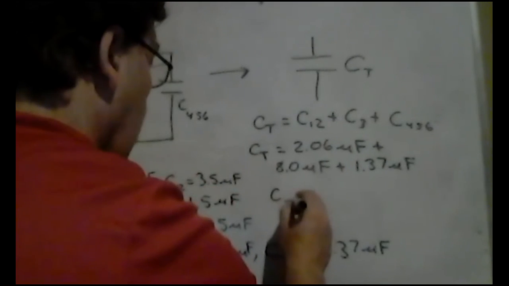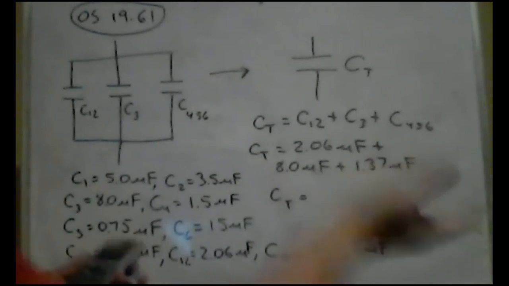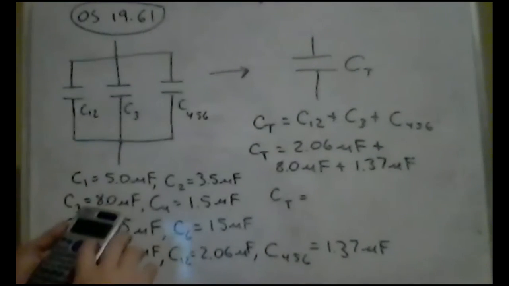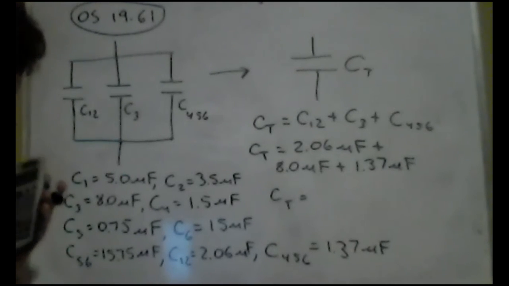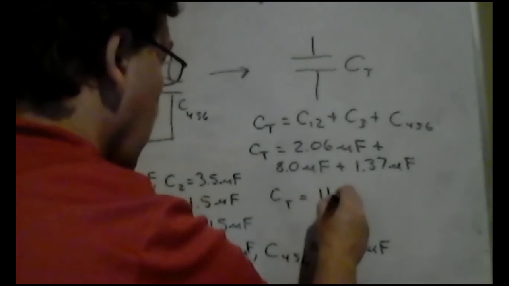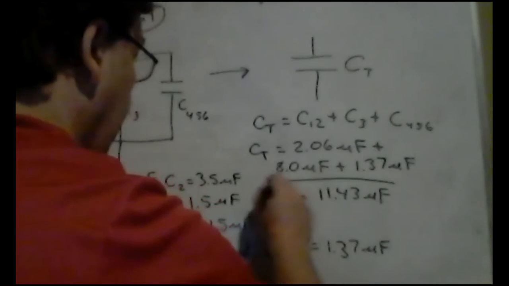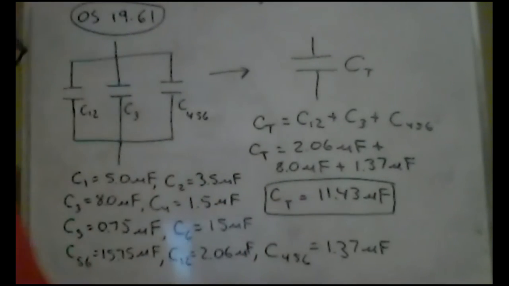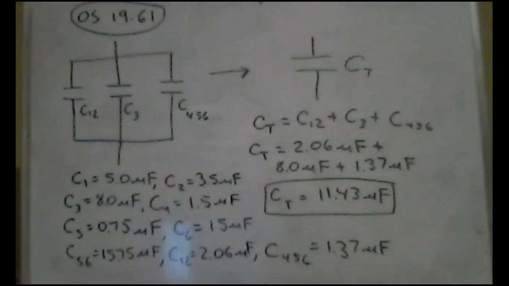So the final total capacitance, if I ripped out my entire original arrangement and had one capacitor representing everything, would be the summation of these 3: 11.43 microfarads. So one 11.43 microfarad capacitor would be equivalent to the entire original arrangement that you saw. Instead, I can literally just have one capacitor that represents everything.